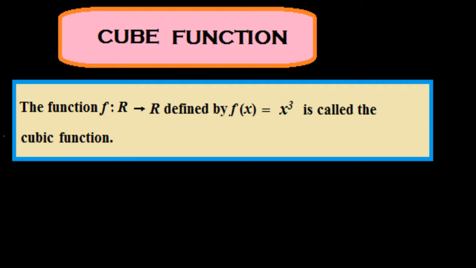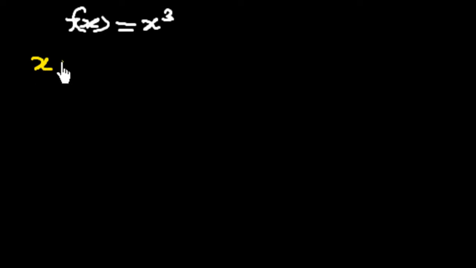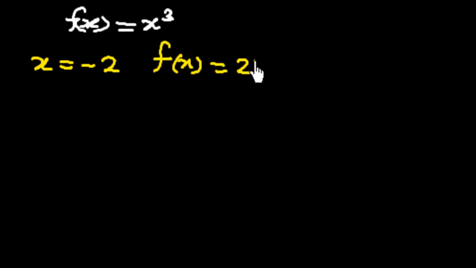So I would like to explain this in detail. First we take some numbers here, because we know that f of x is equal to x cube. If you put x is equal to minus 2, we get f of x, which is y, is equal to minus 2 whole cube, which is minus 8.